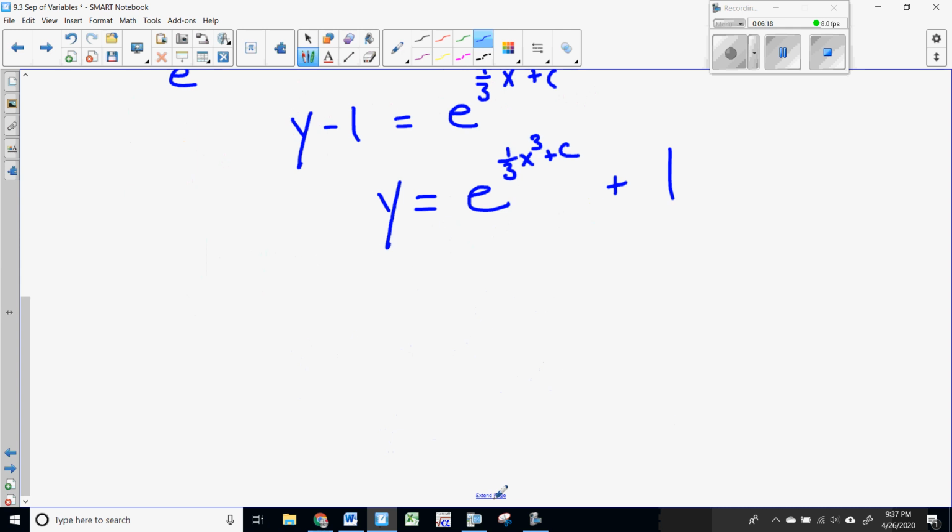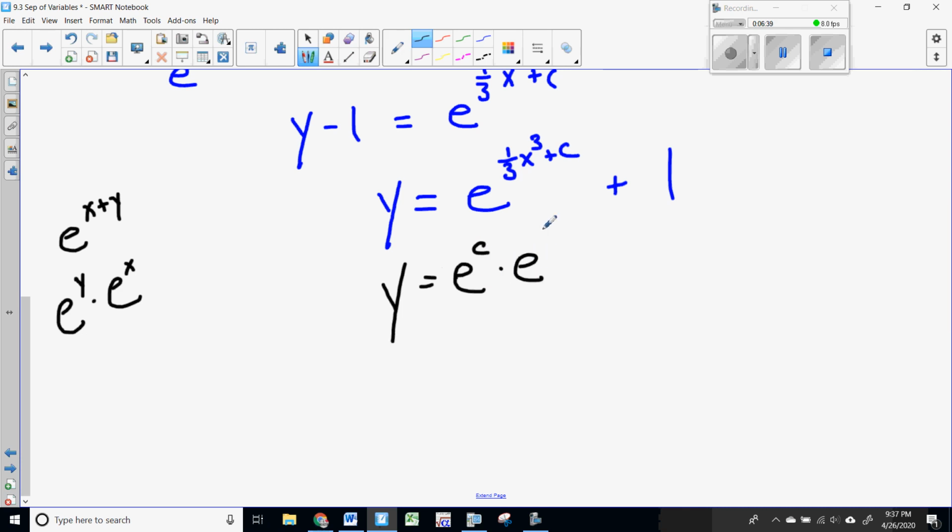Now, you may remember when we looked at this before, we said when you add exponents, really that's the same as multiplying. So we could write this as e to the c times e to the 1/3 x cubed, plus 1.